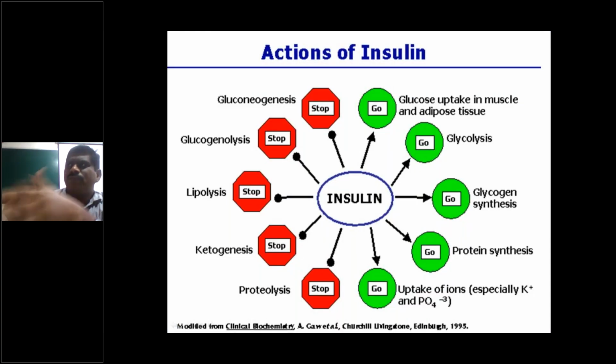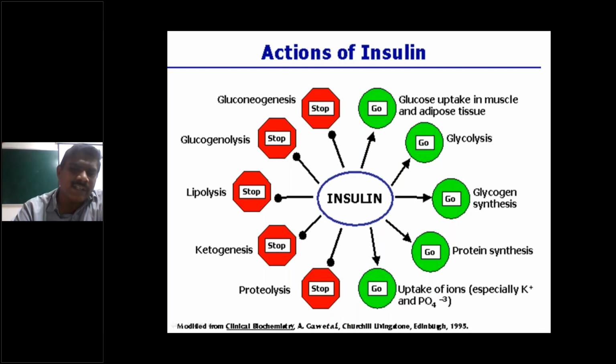Now once this glucose enters the cell, what is the role of insulin? Insulin fastens glycolysis. Insulin is required for glycogen synthesis, which, as all of you know, takes place in the liver and muscle. Insulin facilitates protein biosynthesis. Insulin is required for the uptake of ions, especially potassium and phosphate ions.